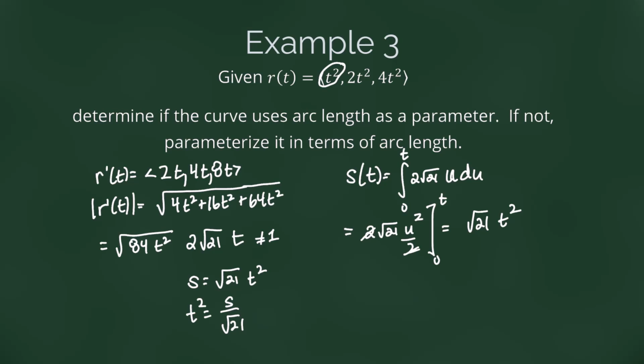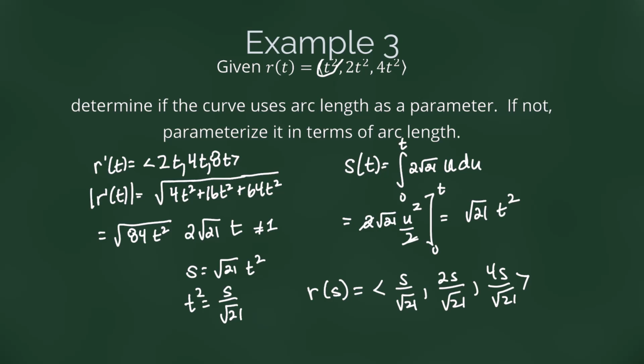So that means that when we rewrite r, we can write it as r of s is going to be the new curve s over the square root of 21, 2s over the square root of 21, and 4s over the square root of 21. I will leave it to you to convince yourself that the magnitude of the derivative of that new curve is in fact 1.